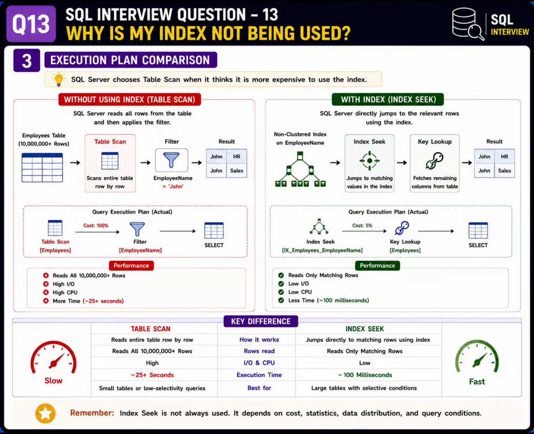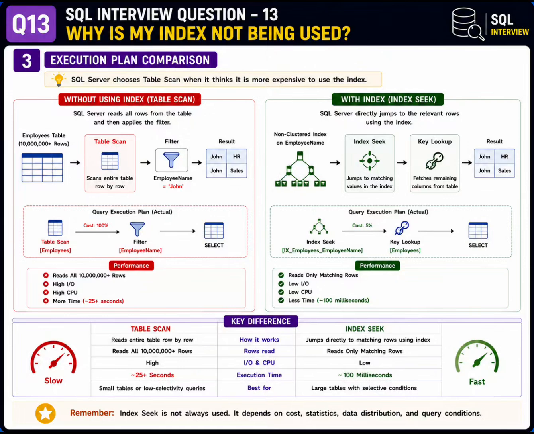Then index seek: when SQL Server uses the index, it directly jumps to the matching rows. Instead of reading the whole table, it reads only the required rows. So this results in low CPU usage, low disk input/output, and faster execution.